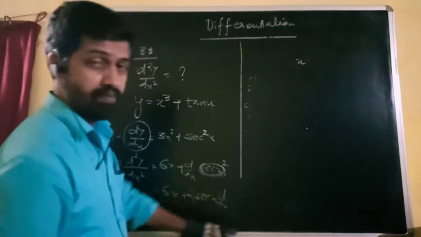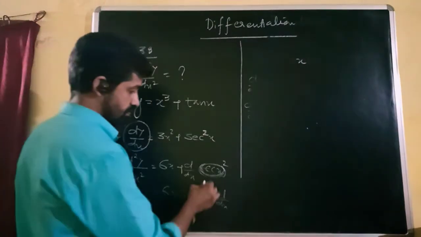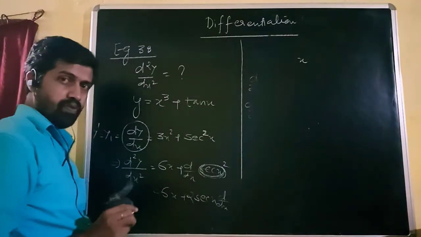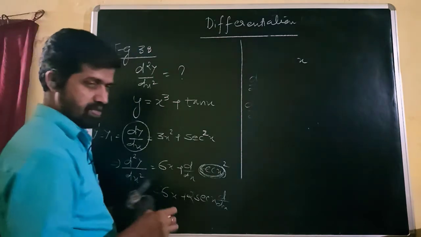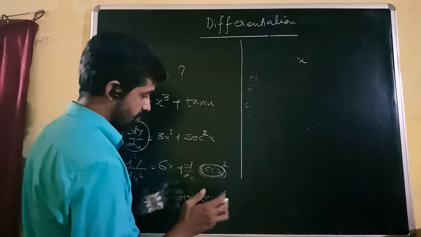differentiated with the help of chain rule. Chain rule we apply whenever there is a composite function or the functions are slightly complicated type.